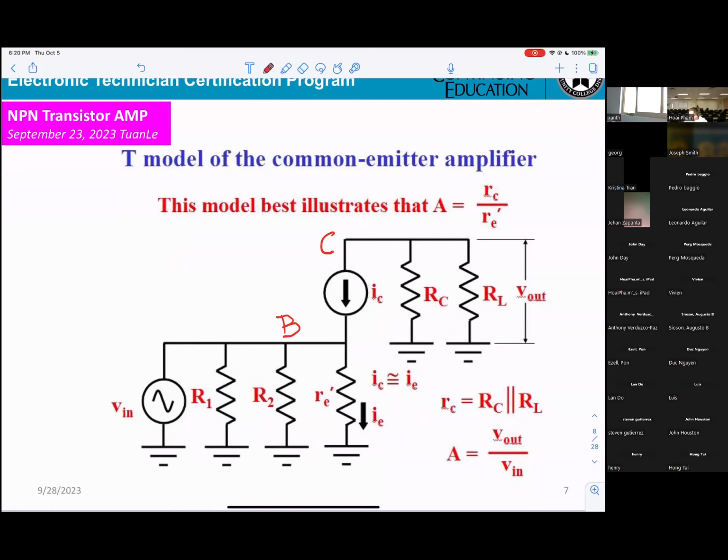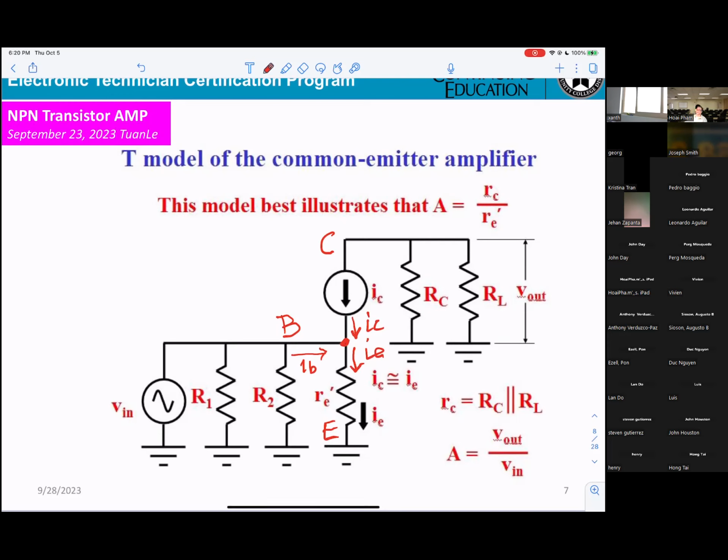This is the emitter. This is the base. Okay. The current flow, we see current flow here, IB. Current flow here, IC. IE.